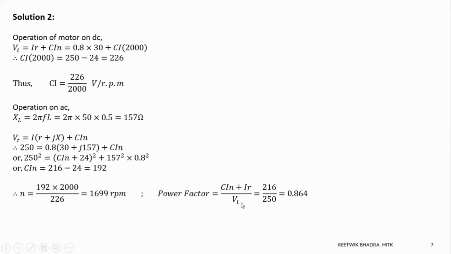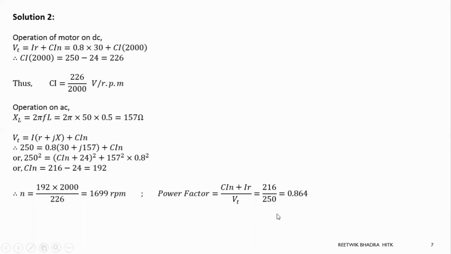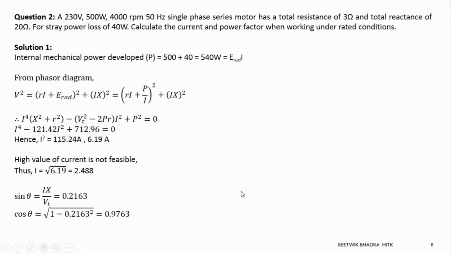So this is how you can solve the problem. You just go through the formula: 192 plus 24 is 216. Correct. So you can get your power factor the same, 0.864, which is coming over here also as 0.8645. So this is how you can solve a problem.